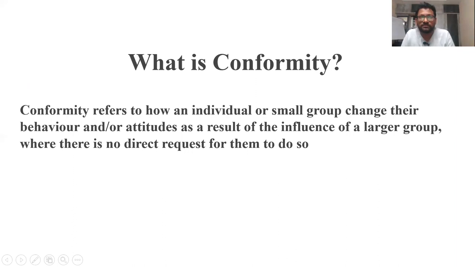Conformity is nothing but this: humans are actually influenced by the behavior of others, even when we are not aware of it. Though we are not aware of that, we are still influenced by the presence of others or the actions of other individuals within the group or other group members.